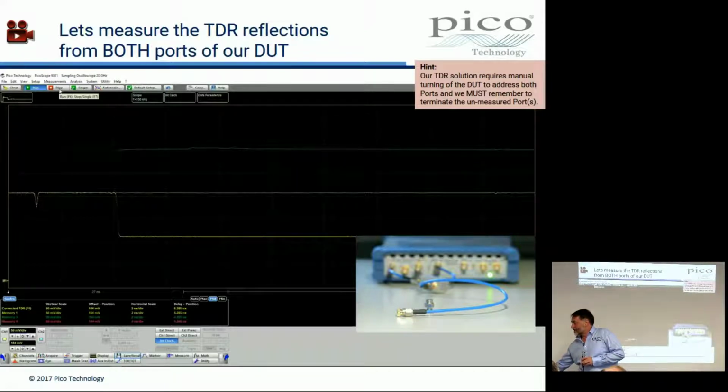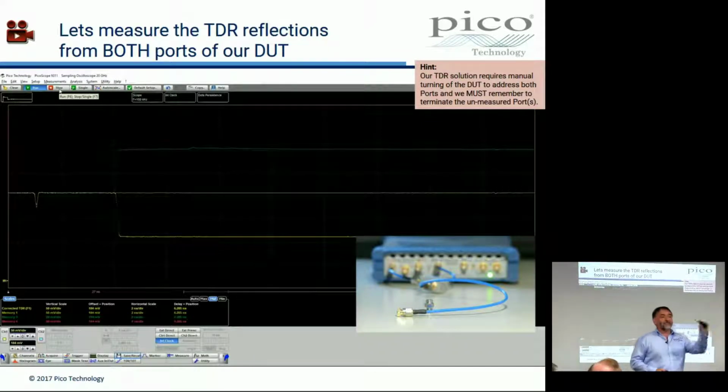All right, let's do another calibration on this 9311. We did a TDR calibration. We'll now do a TDT measurement. No, TDR, sorry, I beg your pardon, I'm not reading the slide properly. Having calibrated TDR, I'm going to measure the TDR of both ports on this DUT.